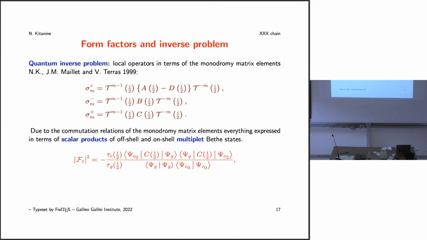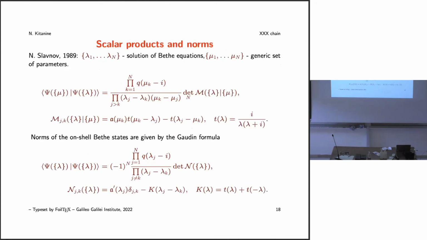So in fact, everything here can be written in terms of the A, B, C, D operators, which is quite a good start. And so normalized with norms. And all these products can be written as determinants. That was the second main result of this paper of 99, using the famous Nikita Slavnov's formula of 89. Everything can be written as determinants. So, but once again, determinants which become infinite in the thermodynamic limit.